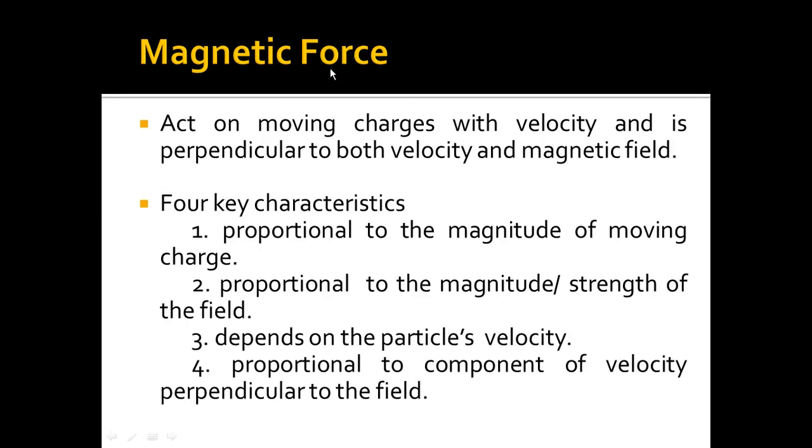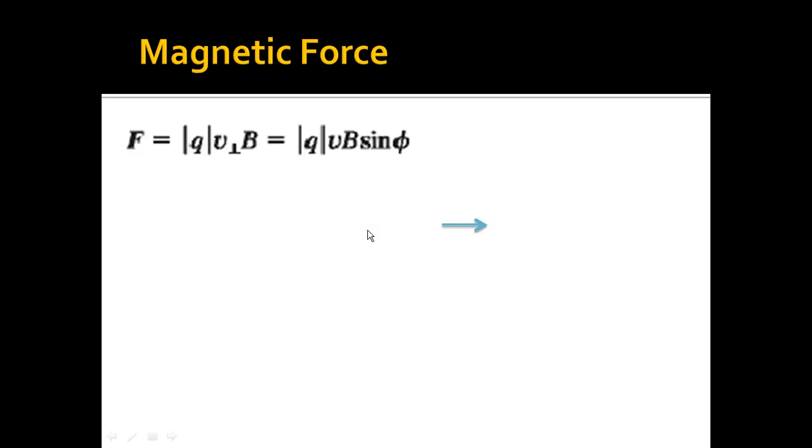Of course, V perpendicular, just like what is said in the first statement of this slide, the magnetic force is perpendicular to both velocity and magnetic field. So F is perpendicular to both velocity and B, where B represents the magnetic field.